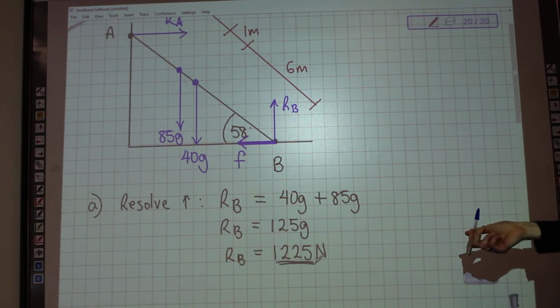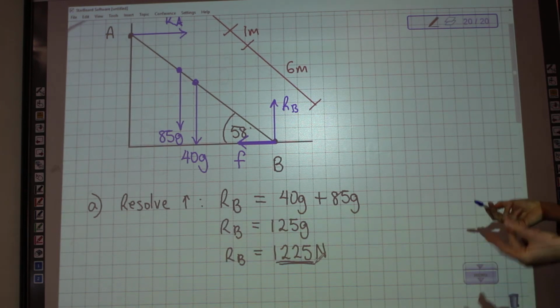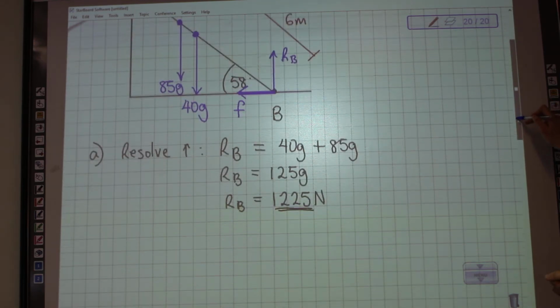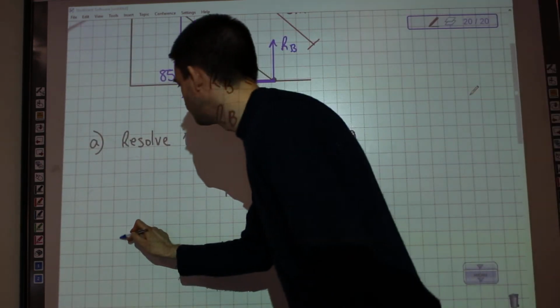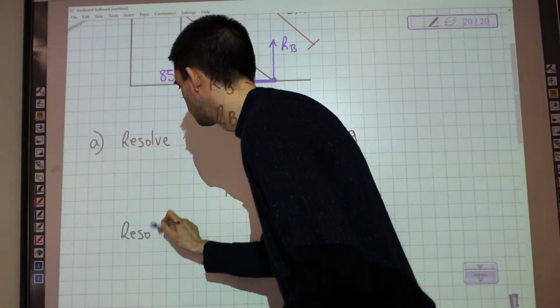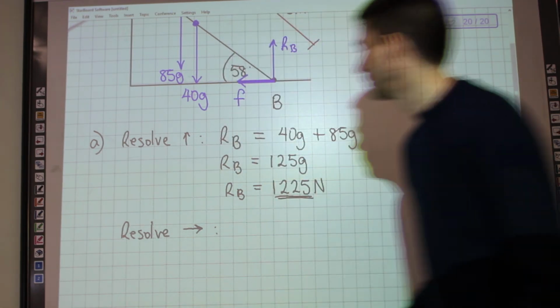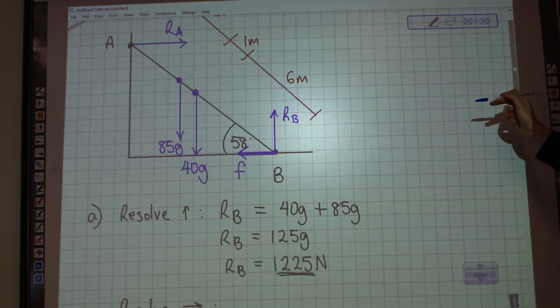What we're now asked for is the magnitude of the frictional force. What I'm now going to do is I'm going to resolve horizontally. And horizontally, again, I can see I've only got two forces to consider here.